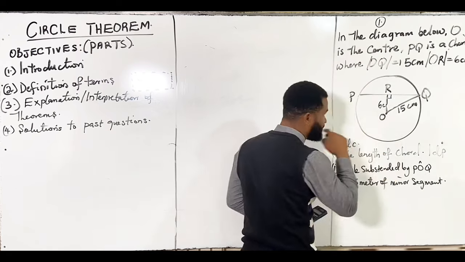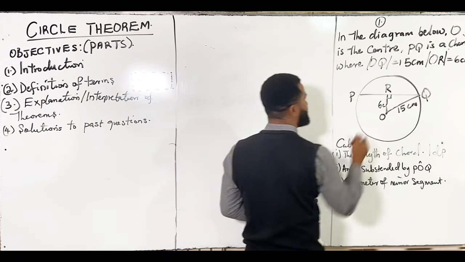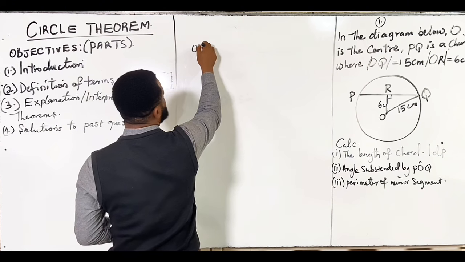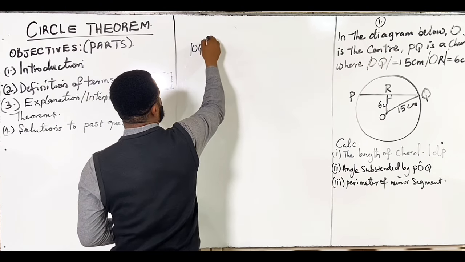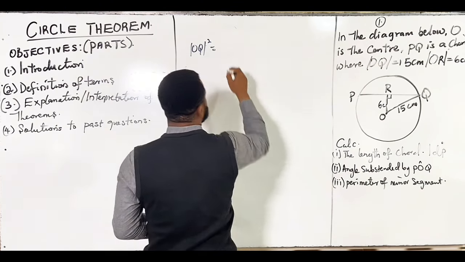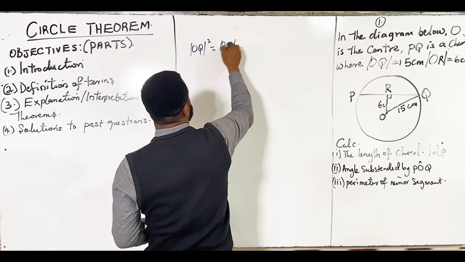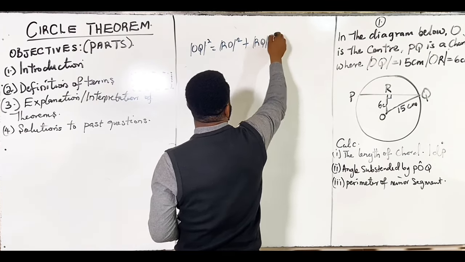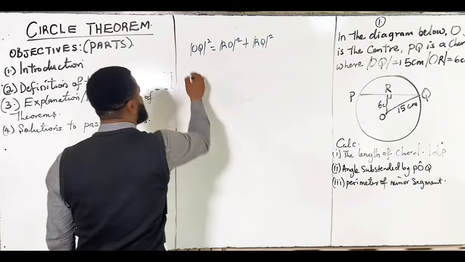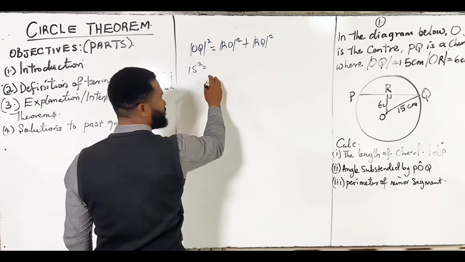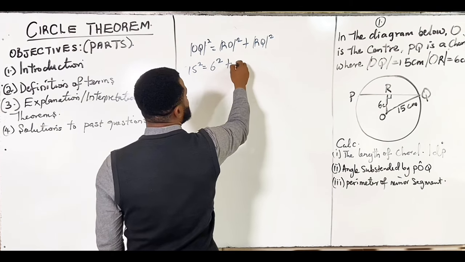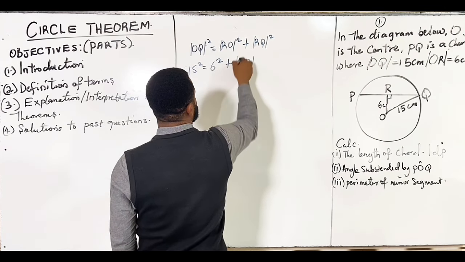Remember I have to put this on the 90. So let's find this. OQ squared is going to be equal to RO squared plus RQ squared, right? So 15 squared is equal to RO, which is 6 squared, plus RQ squared.